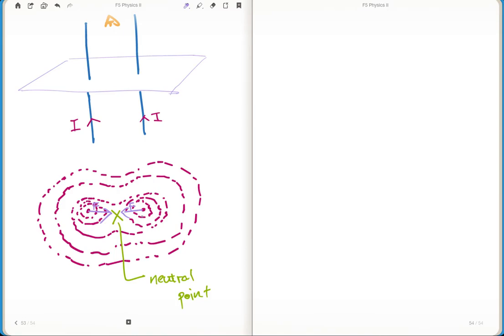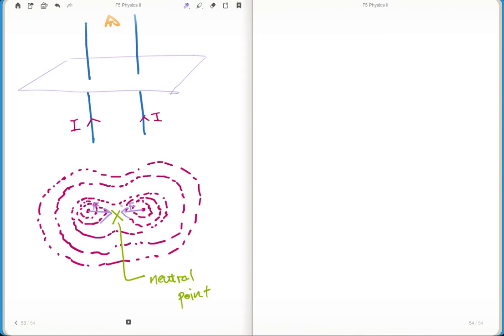So the moral of the story: when you have current flowing in the same direction, what happens? It cancels off.